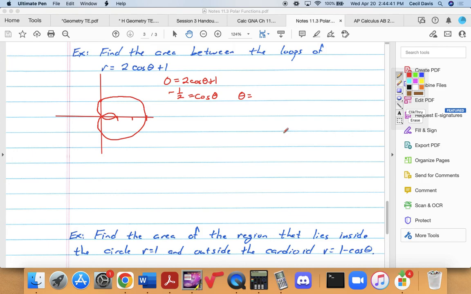No. Pi over 6 is in the first quadrant. 4 pi over 6 is 2 pi over 3. Why would you say 4 pi over 6? That's all math in my head. 5 pi over 7. Jesus. I'm just not awake today. I just don't know the other quadrant.